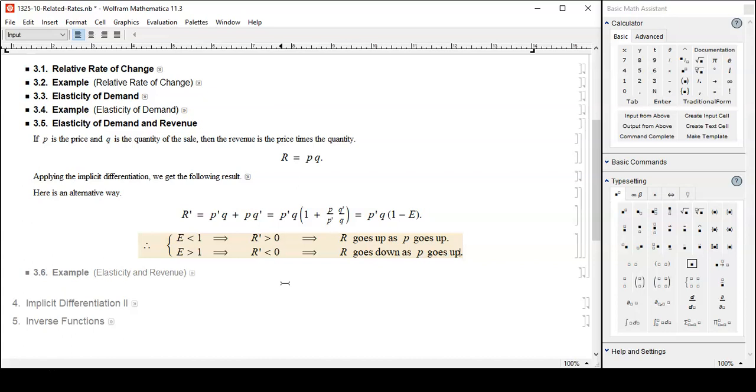What they want to do is keep the price down so that their revenue grows. You see, E is greater than 1, then R prime is negative when P goes up, when P prime is positive. So what they want to do is get the P prime negative. They try to get the price down. They want to lower the price in order to make more money.